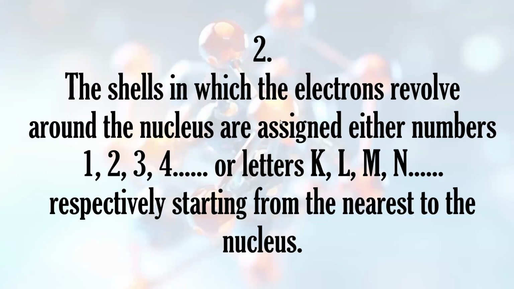So around the nucleus we have layers, or we can say shells, or the most suitable way, we can say around the nucleus we have energy levels, and those energy levels or shells are named as K, L, M, N or 1, 2, 3, 4.